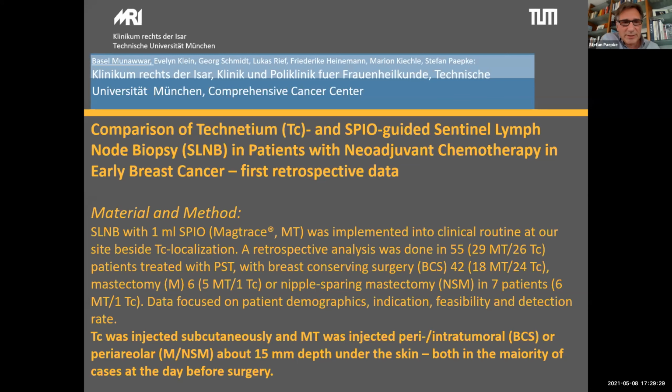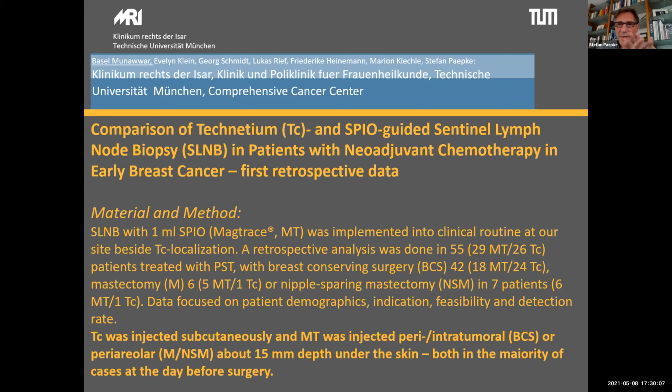Our application technique is, by the way, I'm an ultrasound guy. I took up breast surgery years ago because we are able to do sonography by ourselves. With high-level ultrasound devices, I see the tumor, I see the calcifications, and I can inject the Magtrace myself, as Andreas was pointing out, peritumorally or intratumorally.